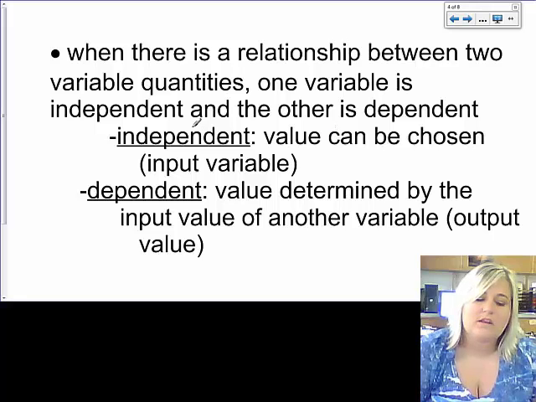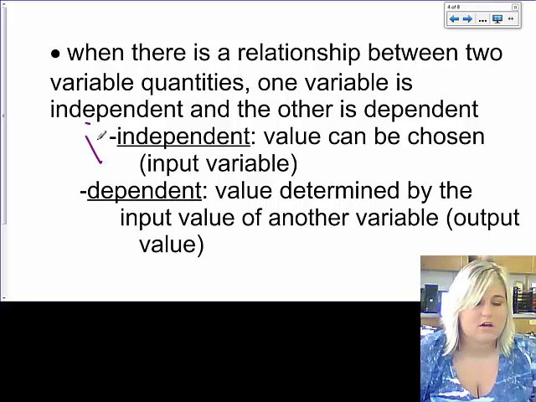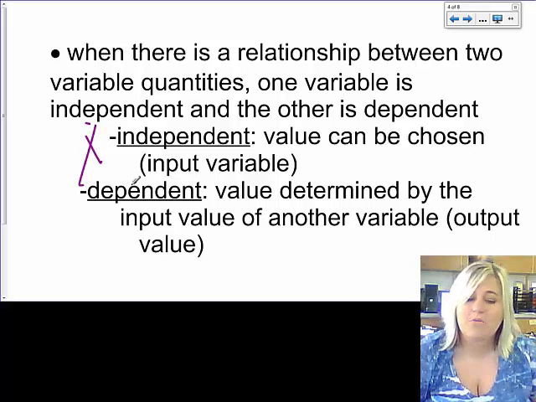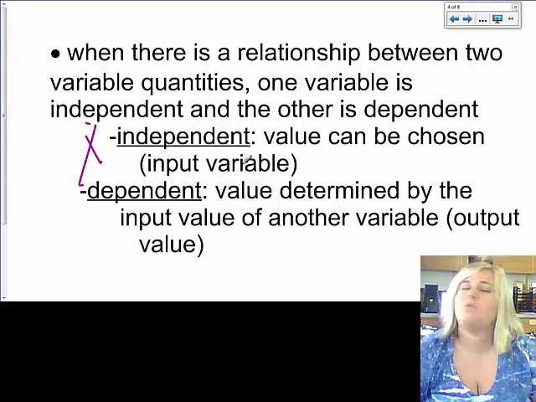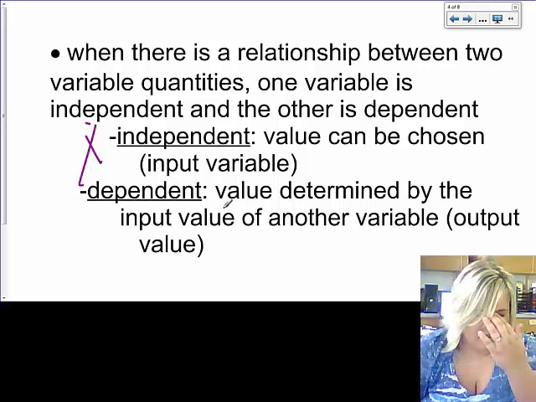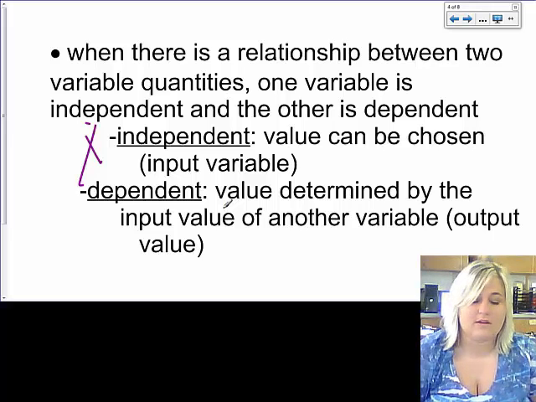What we need to remember is that the input, or the independent variable, is always x, and my dependent variable is the output, which is determined by the input. Whenever we're substituting in with x and y, we always substitute in for x and solve for y. So that makes y our dependent variable.